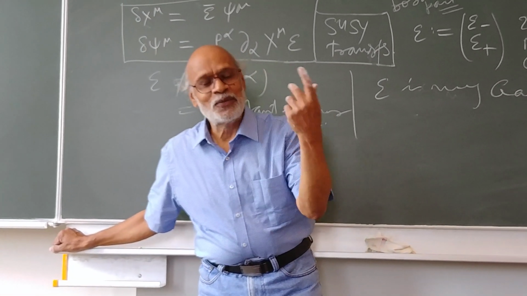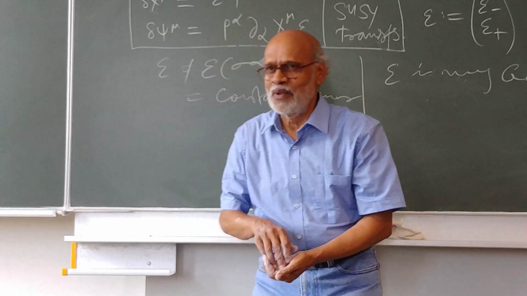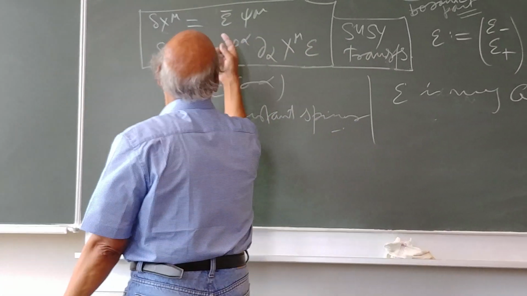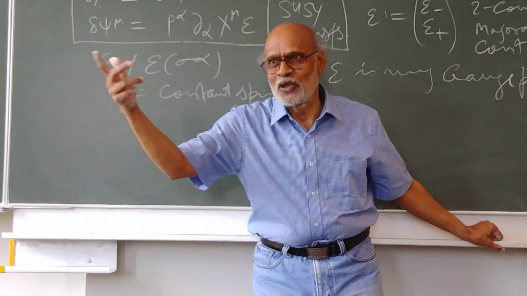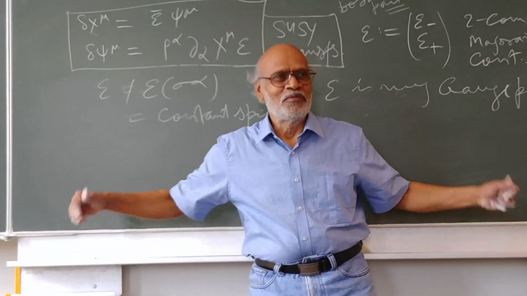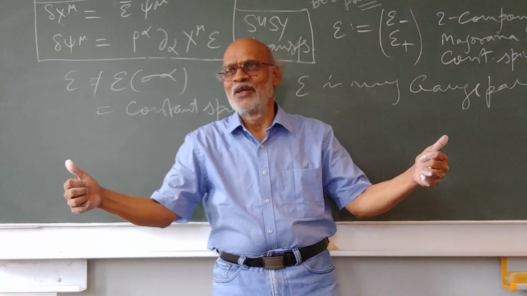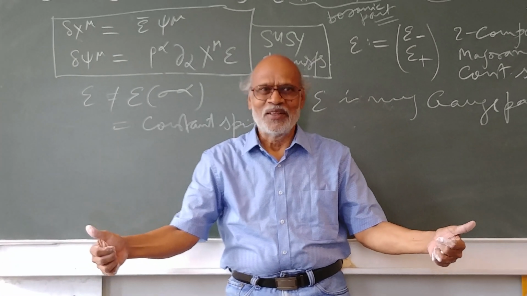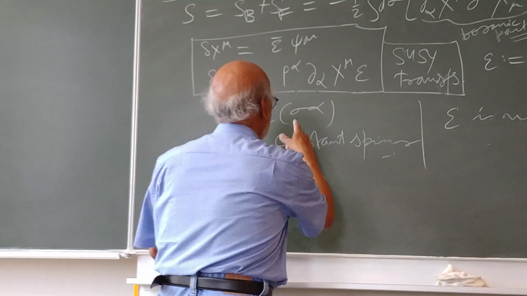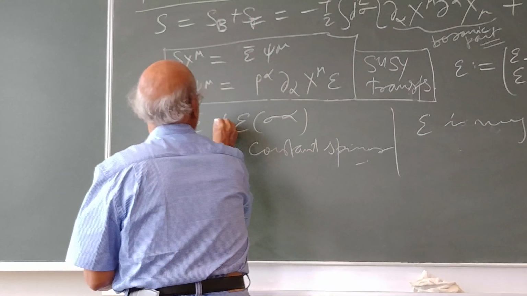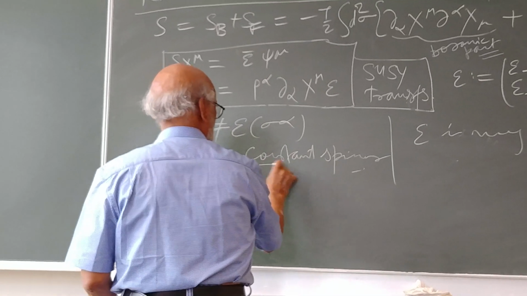By N equal to 2, you can simply look for 2 epsilons. If you have only one epsilon, it is N equal to 1 supersymmetry. Okay. So, we are lucky: right now we work with N equal to 1 supersymmetry, and this is not a function of sigma alpha, this is just a constant spinor.